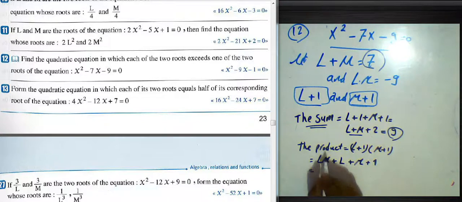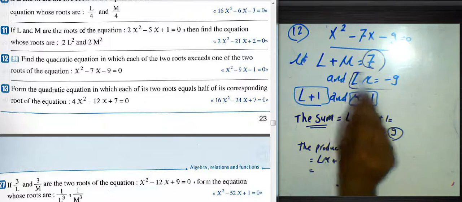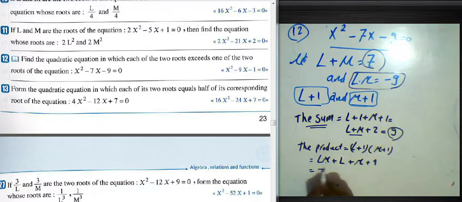L multiply M equals negative 9, and L plus M equals 7. Negative 9 plus 7 equals negative 2, plus 1 equals negative 1. So the product will be negative 1.